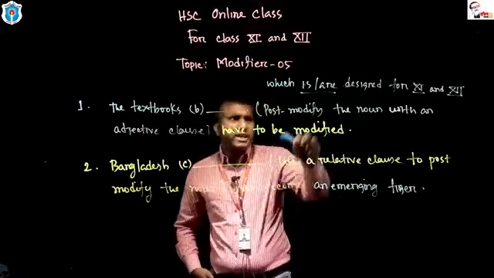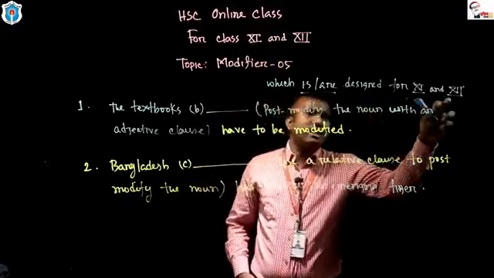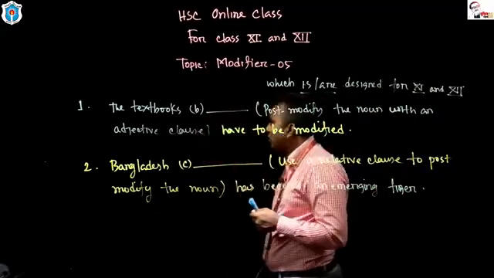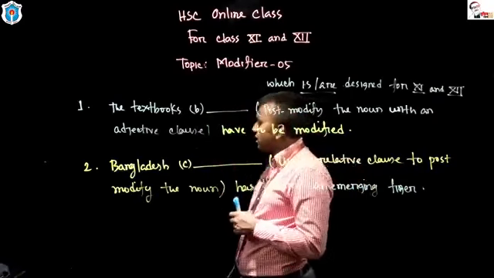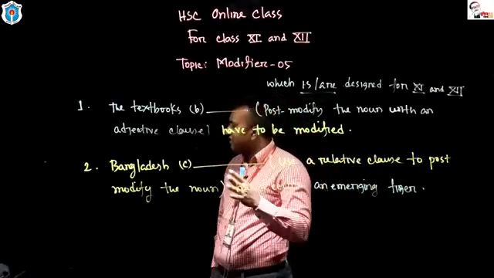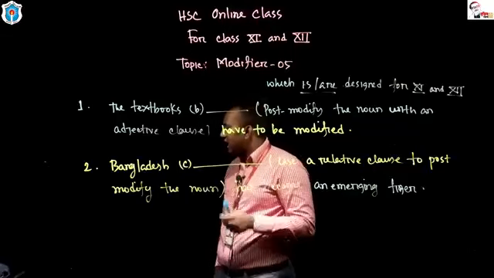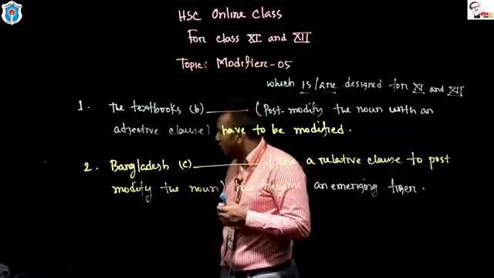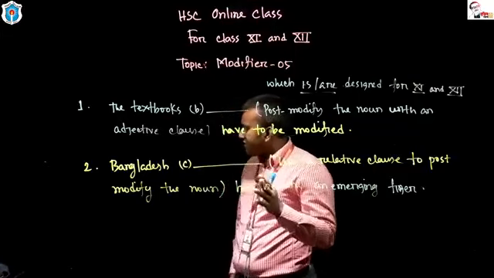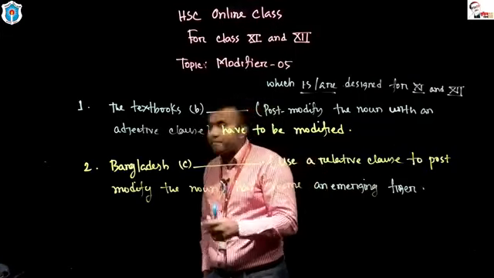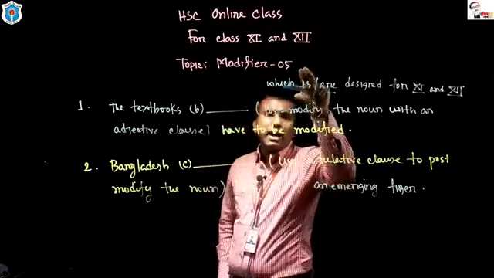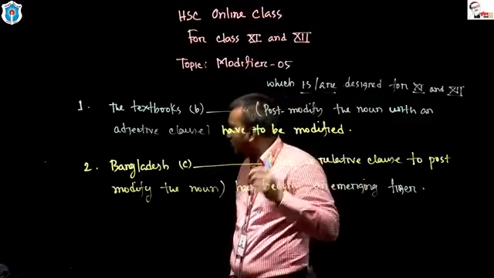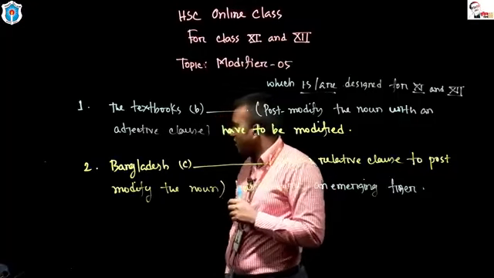The textbooks which is designed for class 11 and 12, or which are designed for class 11 and 12. What should be? Nuddin Sarkar, your answer has become a phrase. You should use a clause, and in order to create a clause, you have to start with a relative pronoun. My question is, I have given two options here, which is or are. Which one is the appropriate one?